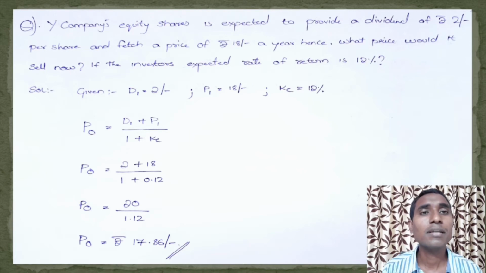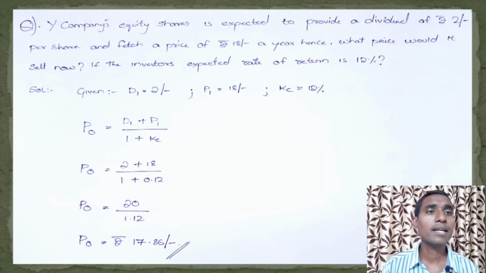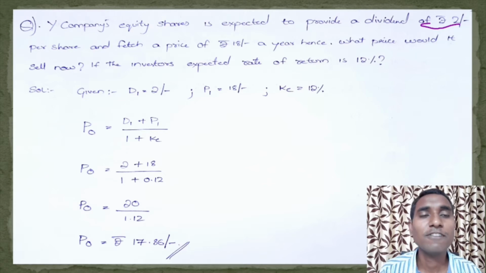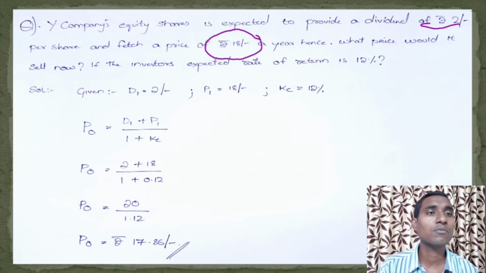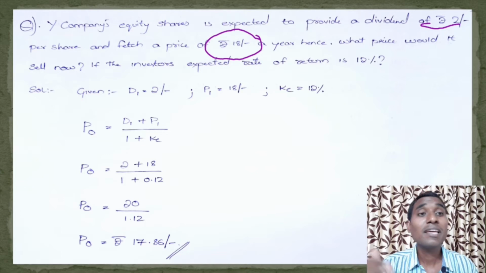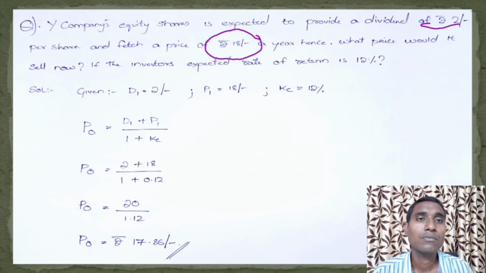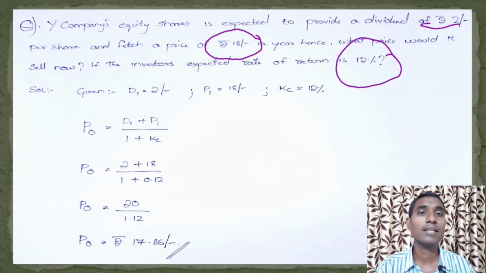A company's equity share is expected to provide a dividend of rupees 2 per share and fetch a price of rupees 18 a year hence. What price would it sell now if the investor's expected rate of return is 12%? So he is asking to calculate the present value.